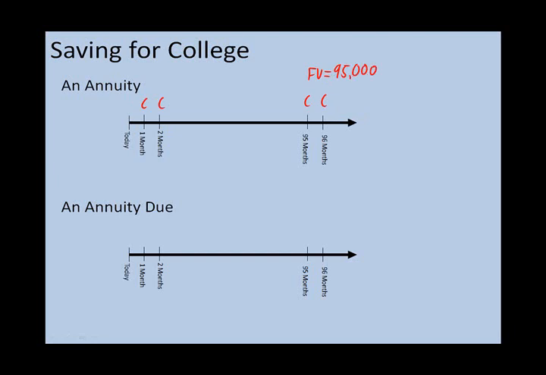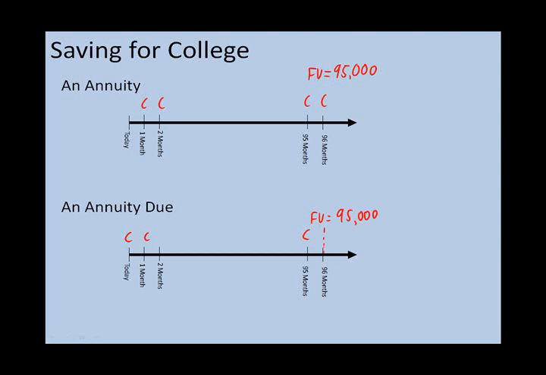With an annuity due, the first payment is not 1 month from today, it is today. And we still make 96 payments in total, but the last payment is in month 95. And all these payments will grow to a future value equal to $95,000 after 96 months.